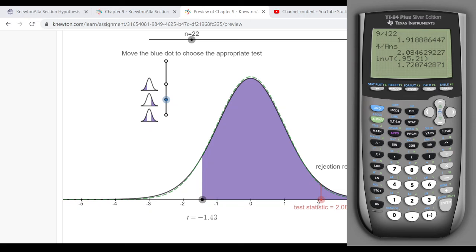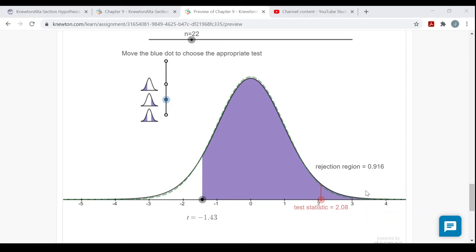Remember this inverse t with 95% to the left, meaning 5% to the right. 21 degrees of freedom was 1.72. Hopefully you remember me showing you that. So I moved this t here to 1.72.